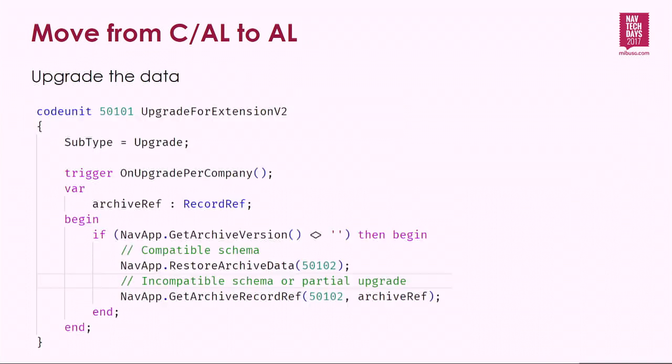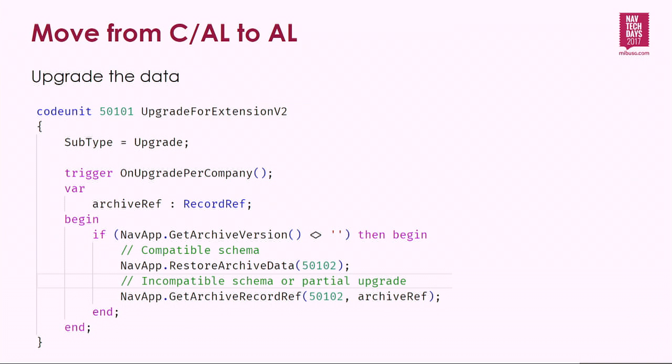So once you move the code, we also give you the possibility to upgrade the data. So this is a set of both a new upgrade codeunit with upgrade triggers, but as you can see, it actually uses the old, or the V1 NAV app APIs.